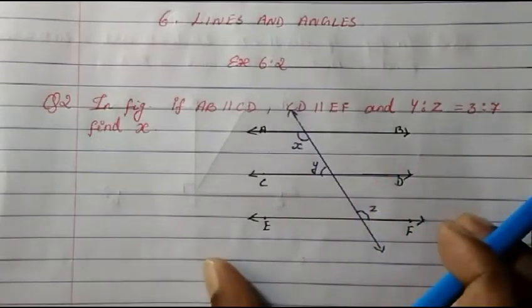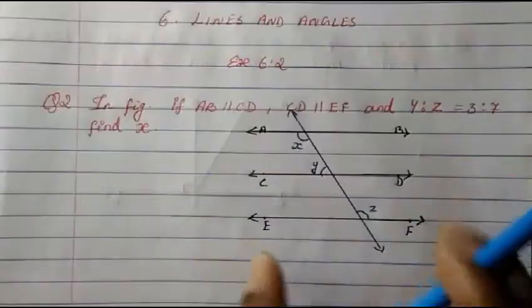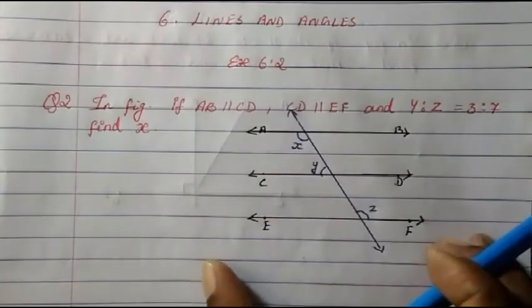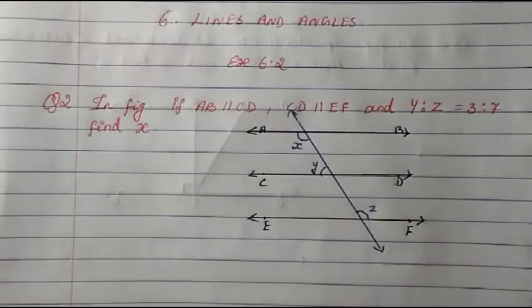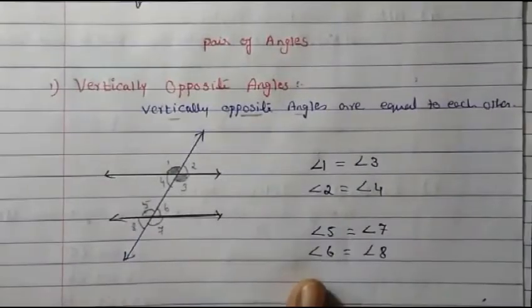Already it is given to us that the lines are parallel. If lines are parallel, then the pair of angles that are formed will be equal to each other. That's what I explained in the introduction part. The introduction part is very, very important, when I taught you about the pair of angles.